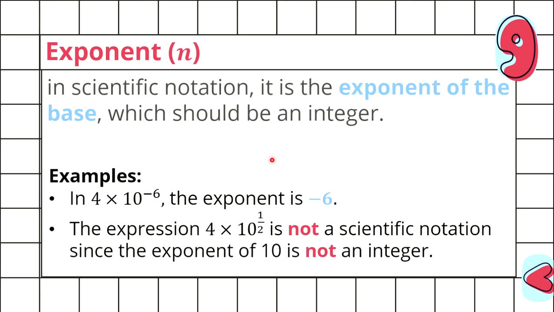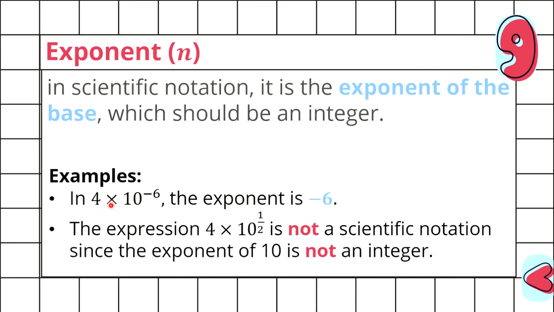Lastly, for the exponent, we discussed this last time. The exponent in scientific notation is the exponent of the base, which should be an integer. Meaning to say, it can be a negative integer, 0, or a positive integer.